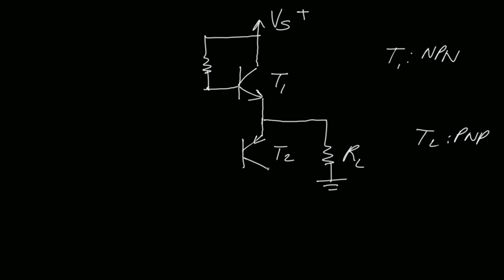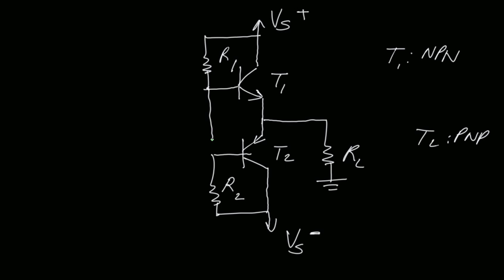I'm going to have here a negative power supply, VS minus. I'm going to have here a resistor, which we're going to call RB1, and this one RB2. Or simply R1 and R2. Okay, and then in between these, this is where I inject my signal.